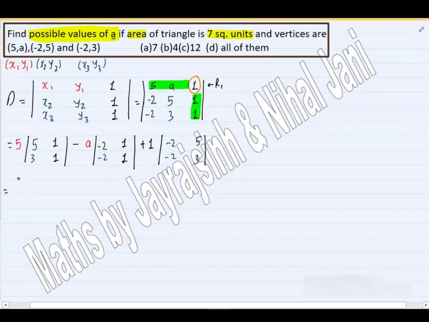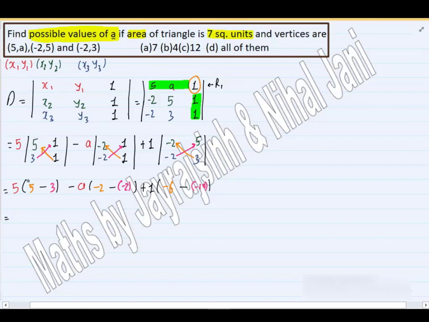Now we just have to expand it. 5 will be as it is, 1 5s are 5, minus 3 1s are 3, minus a will be as it is, cross multiply, 1 minus 2s are minus 2, minus 2 1s are again minus 2, plus 1, 3 minus 2s are minus 6, minus 2 5s are minus 10.